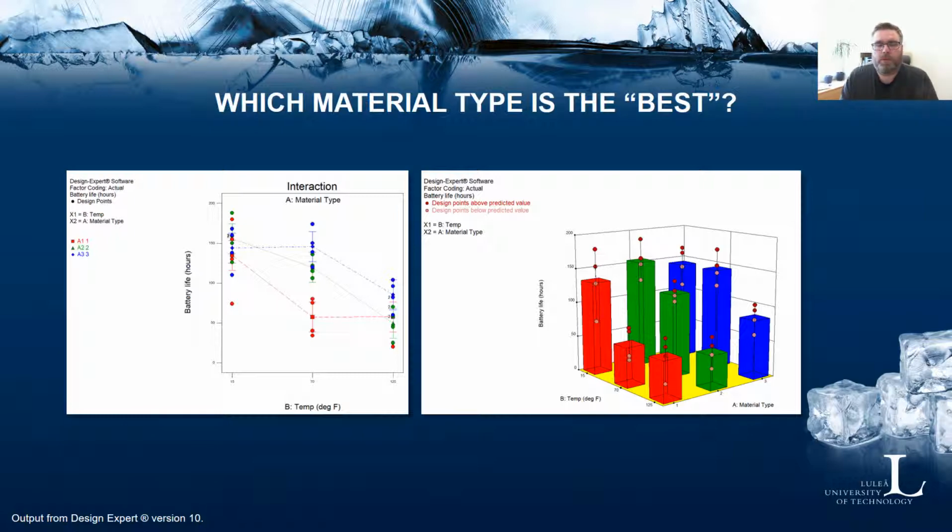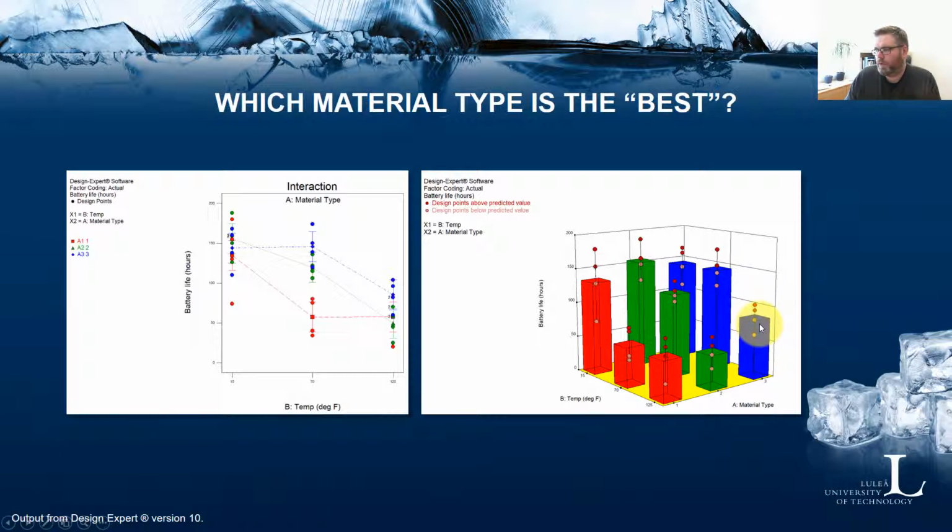So in these two plots, we have an interaction plot here, and then a plot with predicted values in colored bars over the different tested material types and temperatures. The longest predicted battery life is given for material type 2 and temperature 15 degrees. But even so, it seems that for the other temperatures, 70 and 125 degrees, the bars are higher.